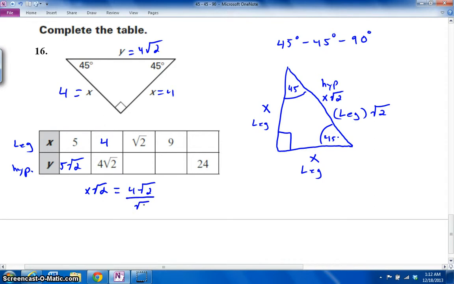Divide both sides by the square root of 2, and these two cancel out, and your x equals 4.